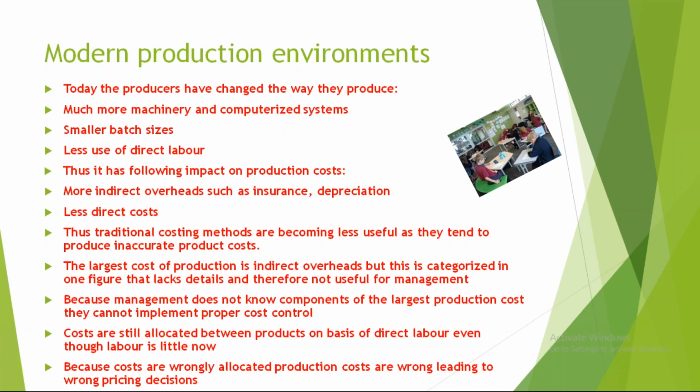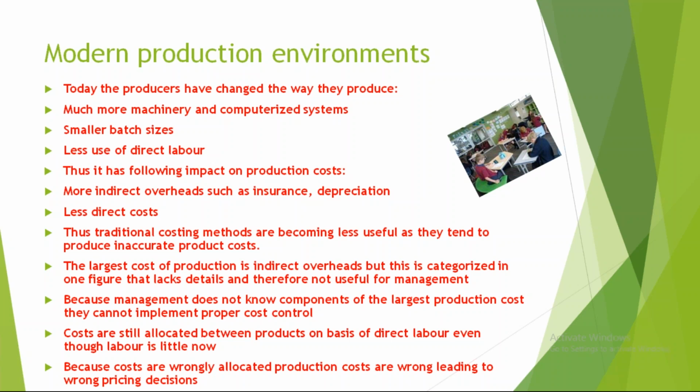Most of the things are basically machine designed, machine stitched, so it just goes through a machine process, with less use of direct labor. Because of that, there are more indirect overheads, and therefore more machines, more depreciation, more insurance, and comparatively less direct cost. Material cost, I don't think has changed.